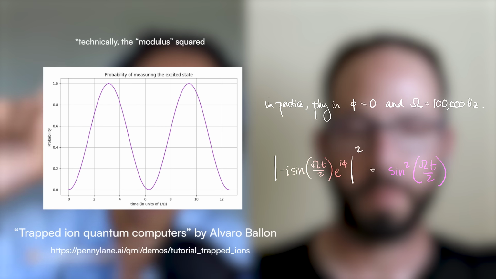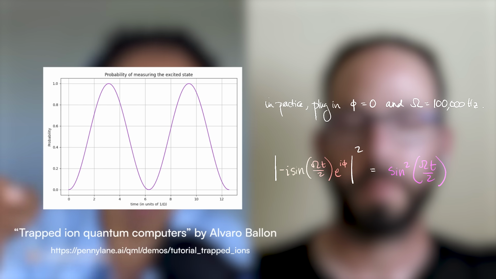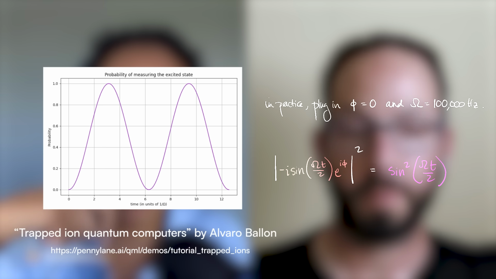And so what you're seeing in the graph is just a plot of the absolute value squared of that term, that term that's labeling the excited state. And when you work out all of the mathematics, you can plug in a certain number for this omega, that Rabi frequency. According to the Pennylane article, which I thought was helpful, they say a typical number that you can plug in is 100,000 hertz.